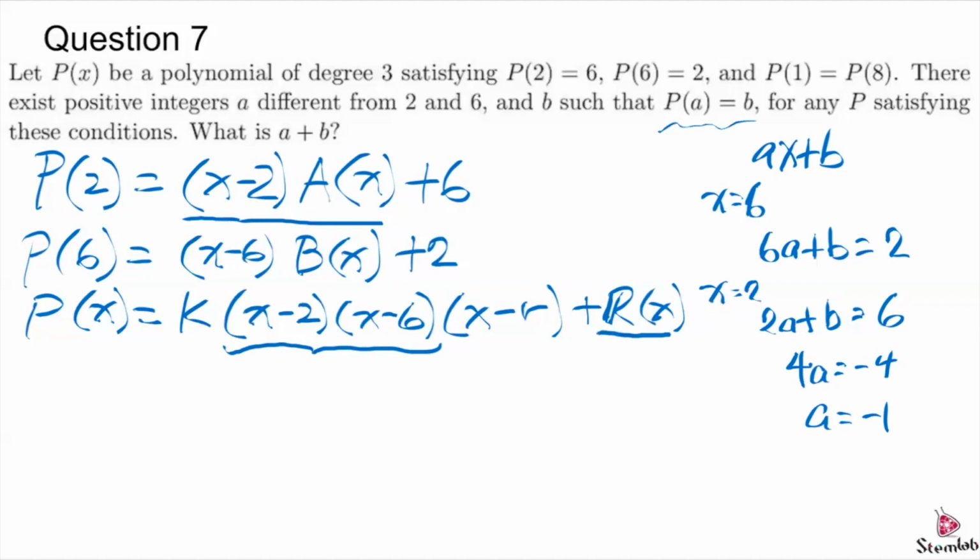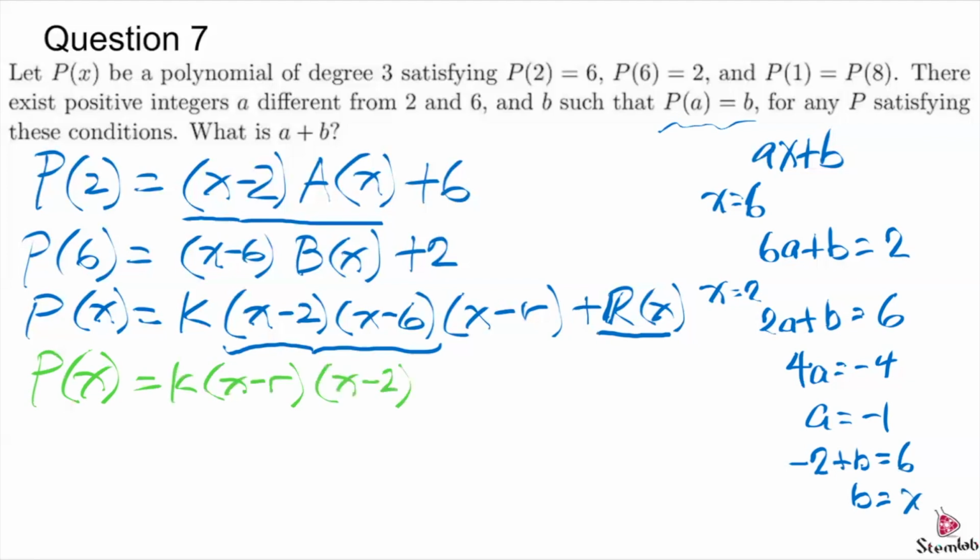Since a is equal to negative 1, we can plug it in; whether the first or second equation doesn't matter. Plugging it into the second equation, we get negative 2 plus b equals 6, or b is equal to 8. So now we can rewrite p of x as some k times x minus r, the thus far unknown root, times x minus 2, x minus 6, plus r of x, which is ax plus b, but we know both a and b now.